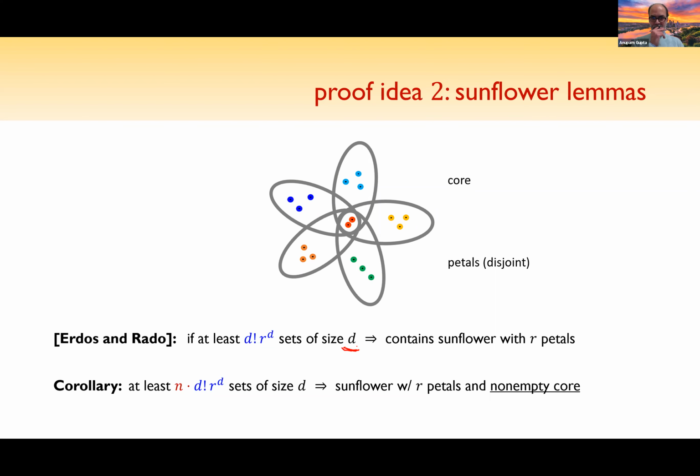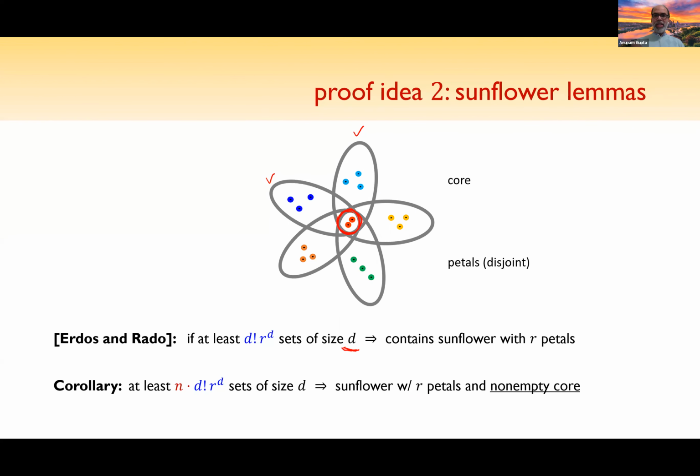Okay. And what's a sunflower? A sunflower is a collection of sets that look like this. If you take any two sets in this sunflower, their intersection is this core. And it's the same core.